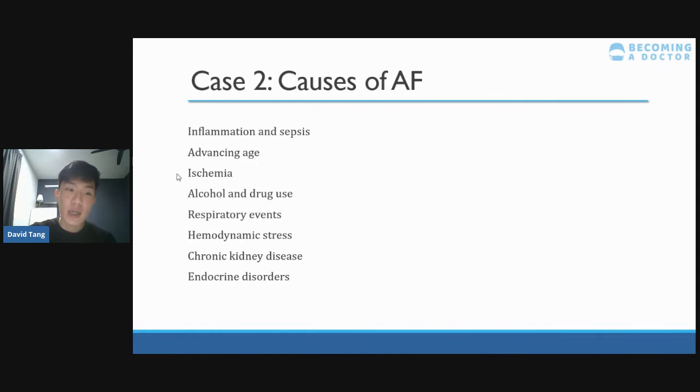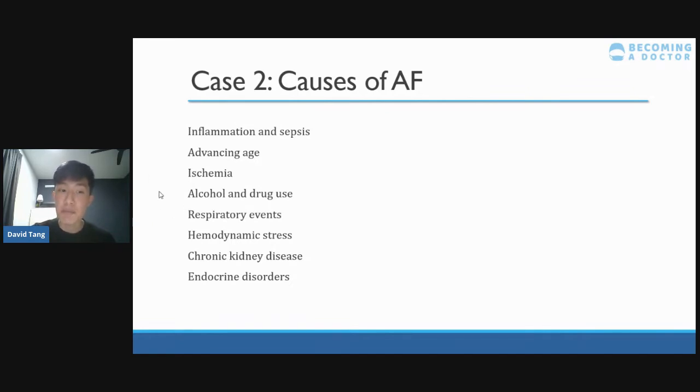Ischemia, as we've spoken about earlier, can lead to fibrosis and naturally would lead to AF in the long term. Alcohol and drug use is prevalent in most parts of London and also a greater part of Britain, and patients like those we see quite often develop AF.